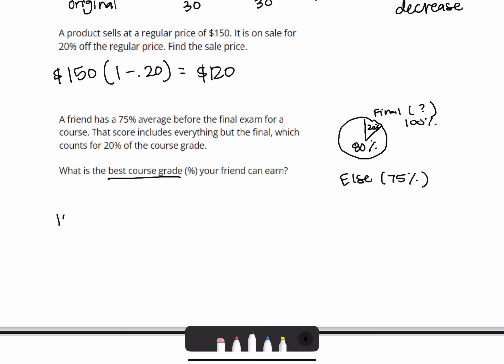So 100% for 20% of their grade, the final, plus 75% for the rest of the class. And we can put that in the calculator. The best percent that your friend can earn is an 80.